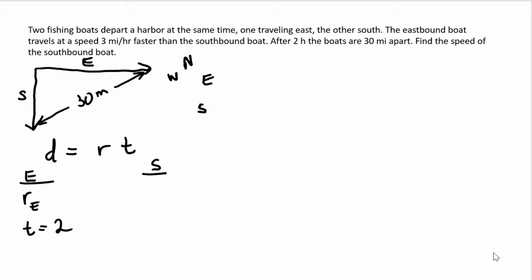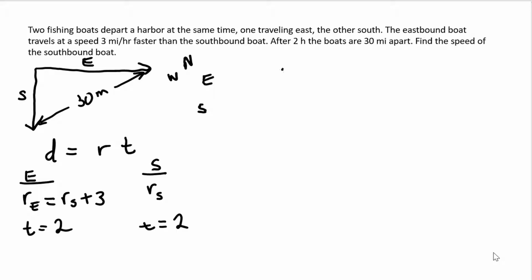For the southbound, we'll call that rate RS, and time is also just 2 hours. We see that the eastbound travels 3 miles per hour faster than the southbound.